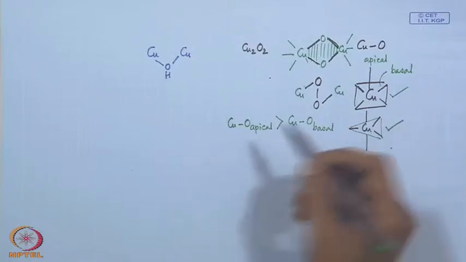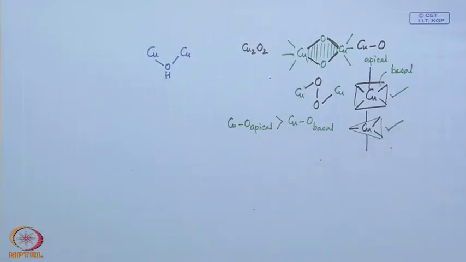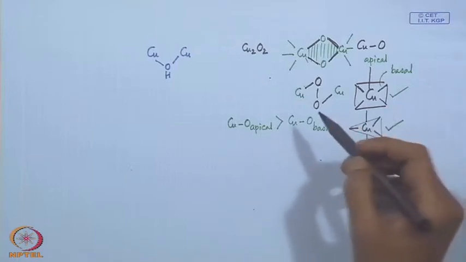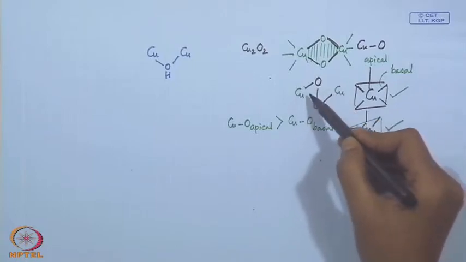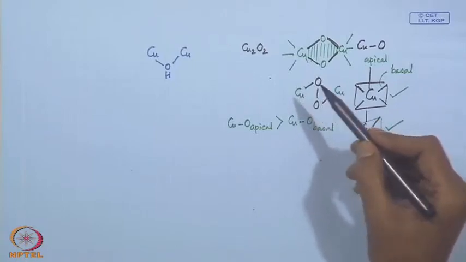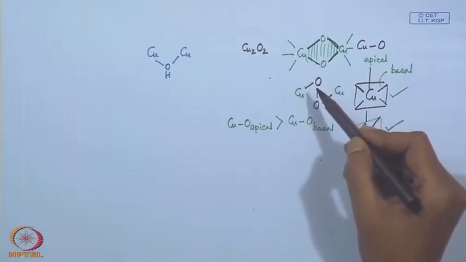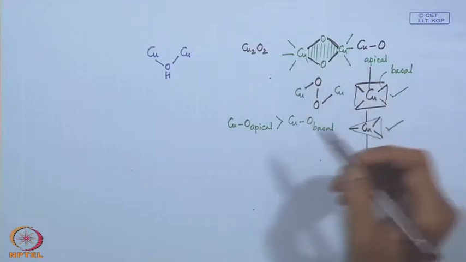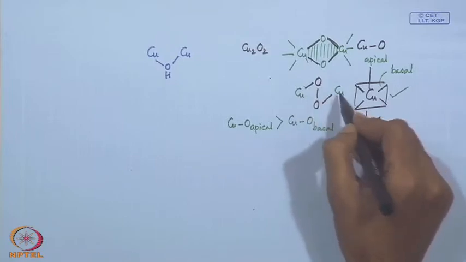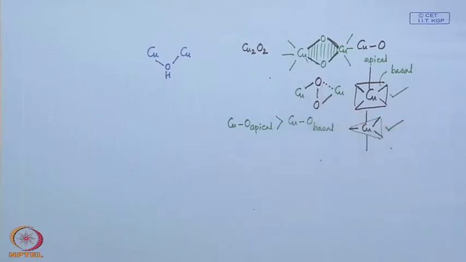Mechanistically also you can think for a while that whenever this oxygen is coming into the picture, it starts a slow interaction with the copper center, and then it forms the bonds. Not that all the bonds are forming together. One is approaching first, then it goes for the second bond.